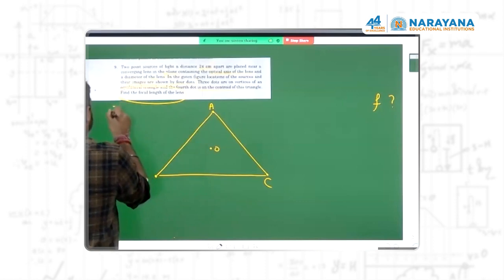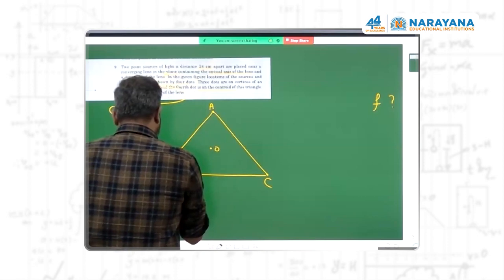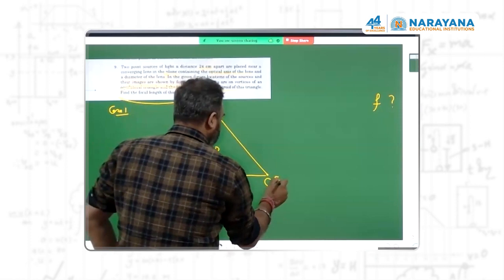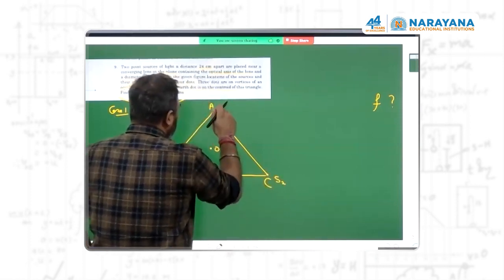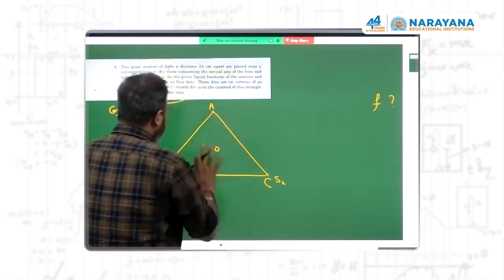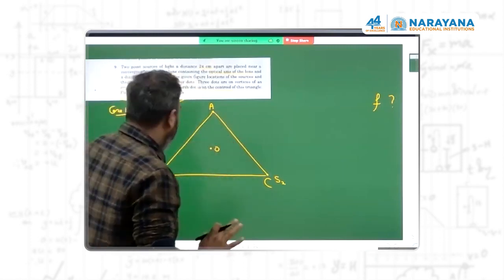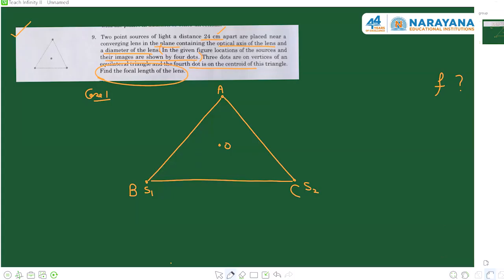So the first possibility, case 1, is that one of them is acting like a source S1 and this is acting like a source S2, and maybe these 2 are the images, I1, I2 or vice versa. So this is one possibility. As far as the orientation is concerned, it does not matter which of them is S1 and which is S2. Logically, there is circular symmetry, right?